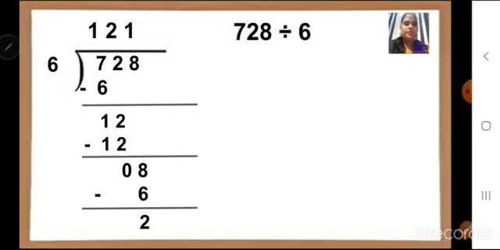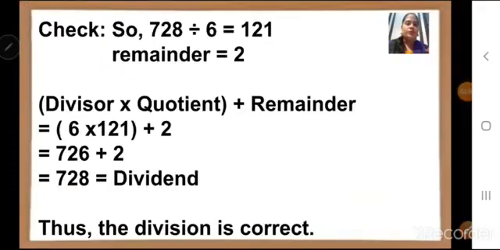Note it down, children, properly. After this, we have to check our answer. Okay. Right here. So 728 divided by 6 is equal to 121 and remainder is equal to 2.